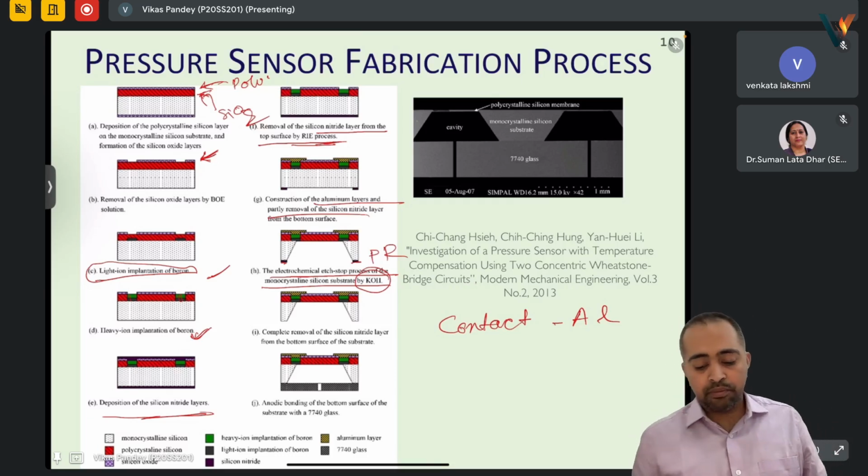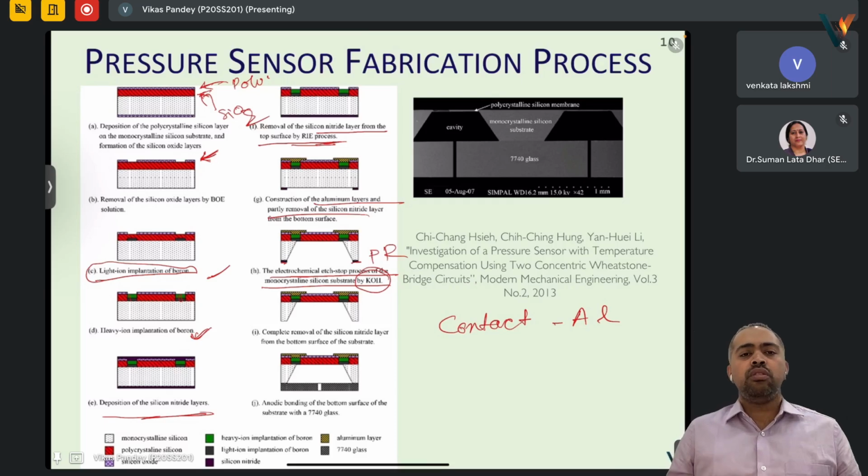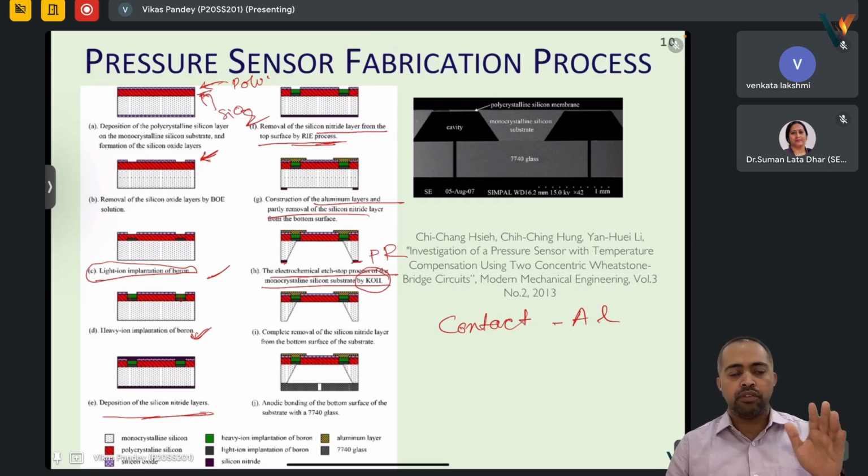In this process, the silicon wafer that we saw, generally when we procure it, has one side that is shiny, and the other side is not polished, not generally treated. It is a bit rough, because most of the processes in semiconductor fabrication are done on the top surface micromachining.